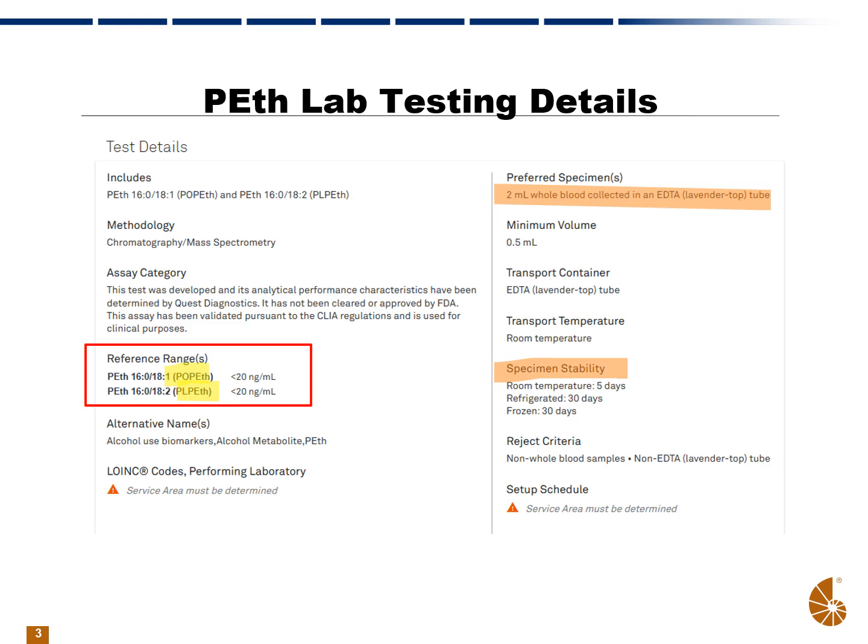And the second one is same numbers except the last number is :2, and that's PLPE. And both of those should be less than 20 nanograms per milliliter if the person is abstinent from alcohol. So we'll talk more about PEth levels. So those are the two PEth levels that you might see reported if somebody orders a PEth test.